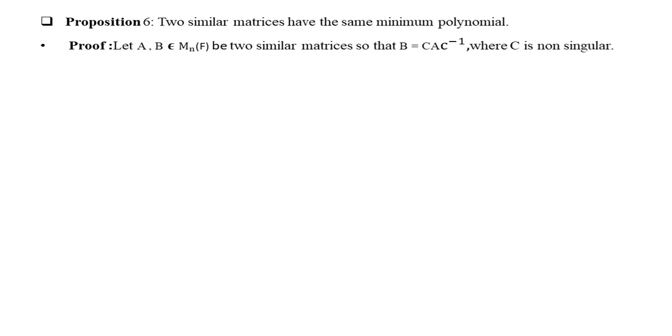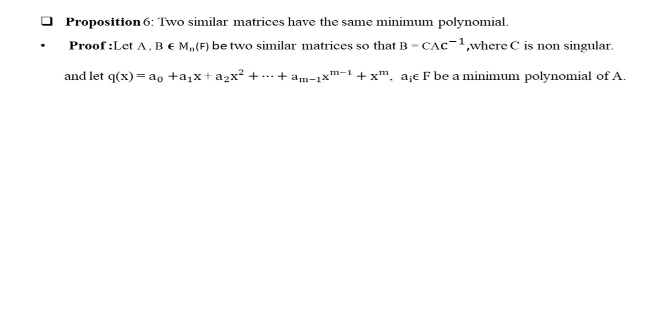And let Q of x equal to a naught plus a1 x plus a2 x square, etc., last term a_m x power m, with a_i in F, be the minimum polynomial of A. Here Q of x is the minimum polynomial of matrix A, which implies Q of A must be equal to 0.